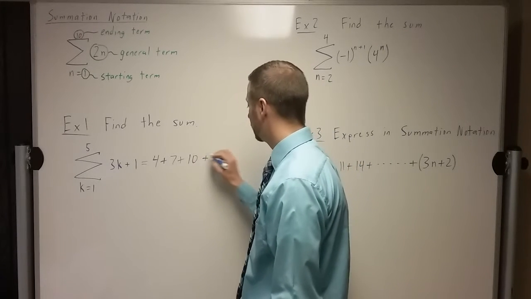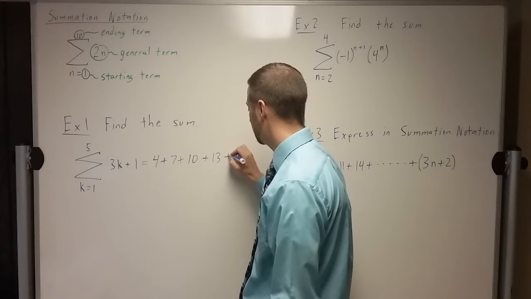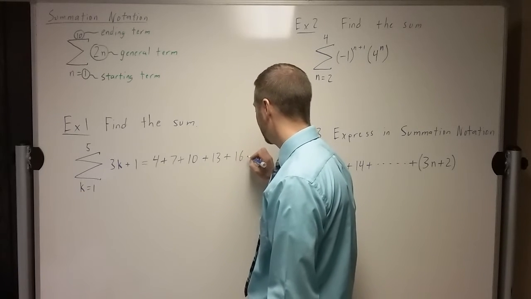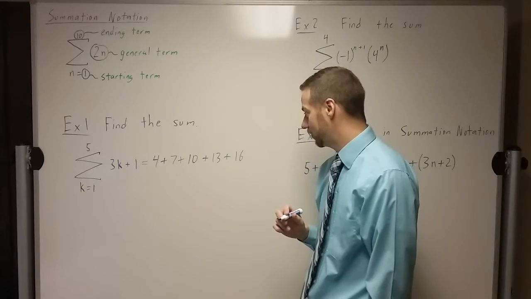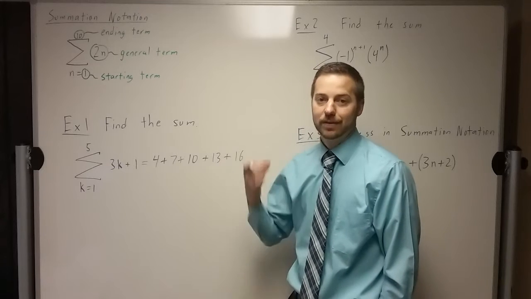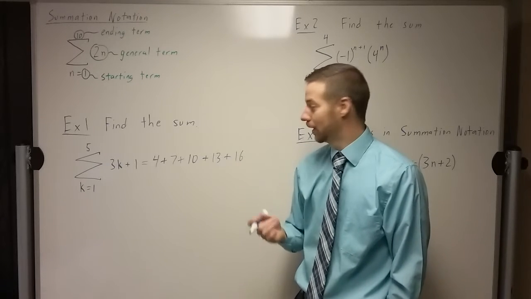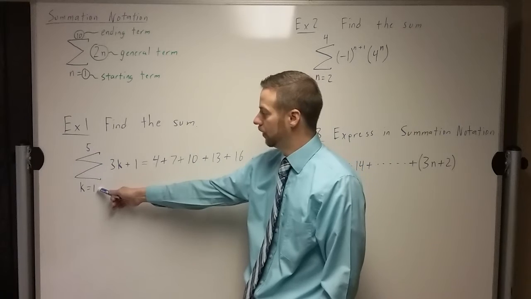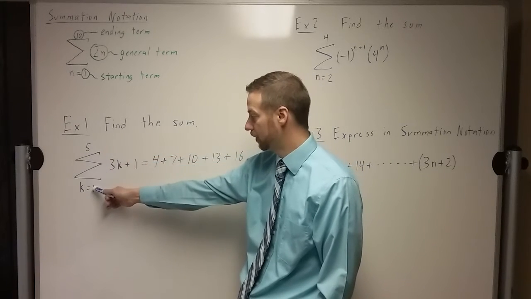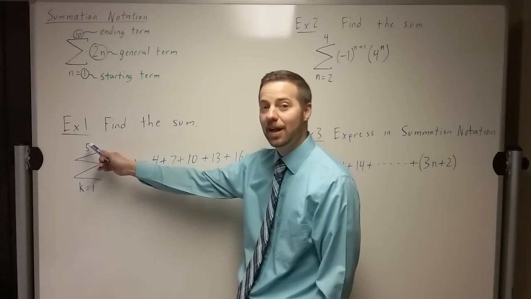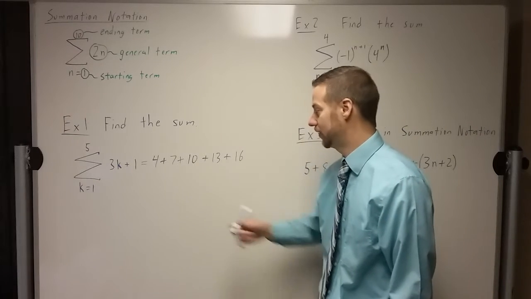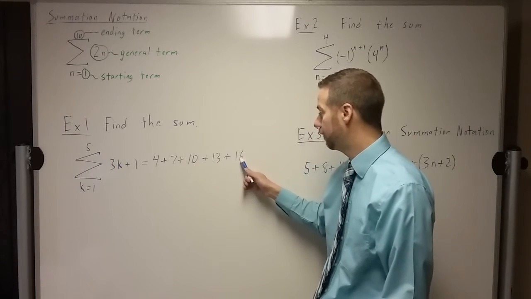And so we'd say plus 13 for our next term, plus 16 for our next term, and then plus what for the next term? Trick question. There is no next term. Stop. Why do we stop there? Look at our stopping term here. We go from k equals 1 to 5. That's where we stop. That's the end of this. And so I have 1, 2, 3, 4, 5th term.